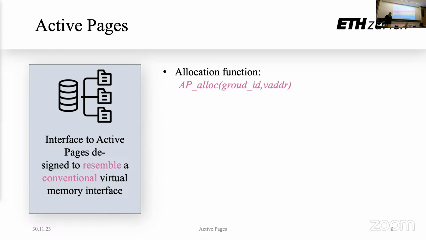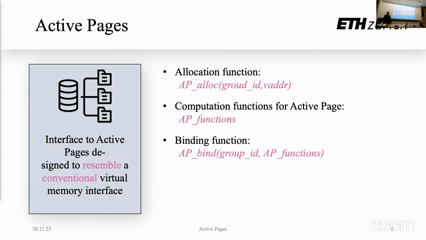Essentially, the code begins by calling ap_alloc to allocate a group of pages to store the matrices to be multiplied. Then AP functions are defined to include functions for index comparison and data gathering. Next, AP_bind is called to associate those functions to the previously allocated pages.